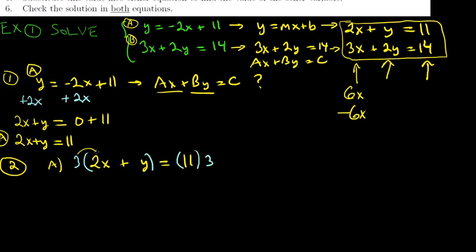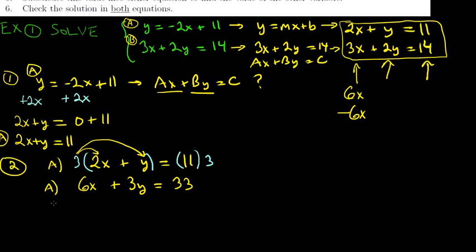So 3 times 2x is 6x, plus, don't forget the distributive property, 3 times y as well. And on the right side, 11 times 3 is 33. So this is still equation A, we just multiplied it by 3.